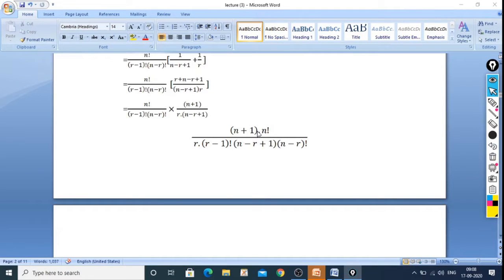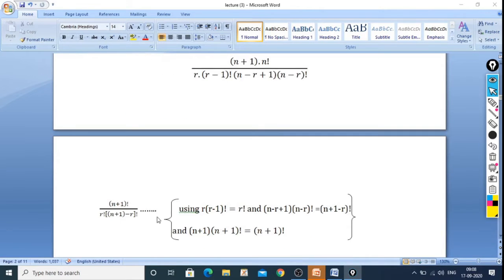So reverse way we can write, this is the smallest term n factorial and this one is the successive bigger term, that is n plus 1. So combinedly these two we can write as n plus 1 factorial, because r into r minus 1 factorial is r factorial.